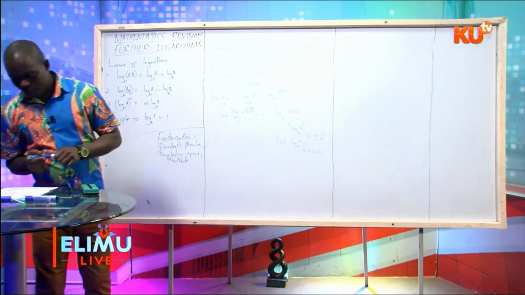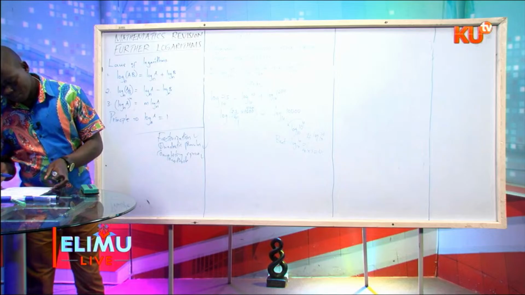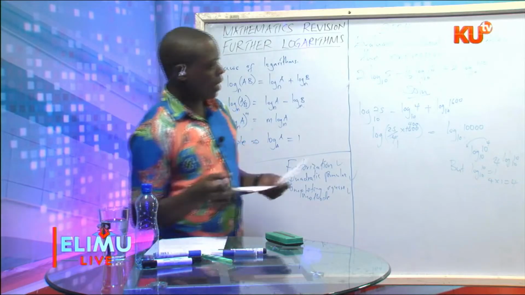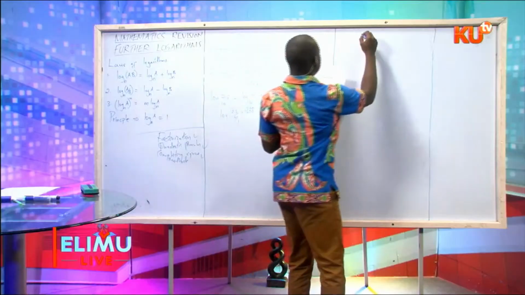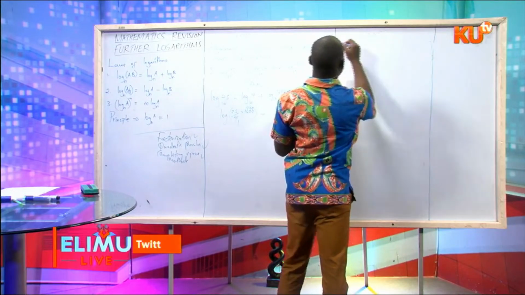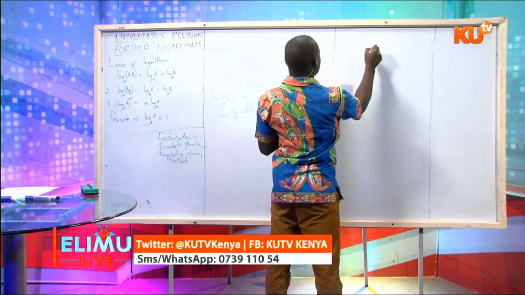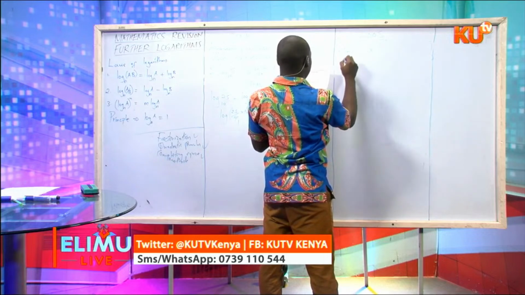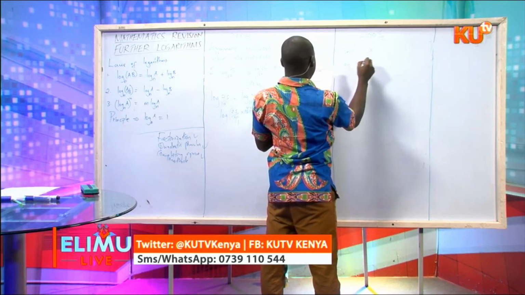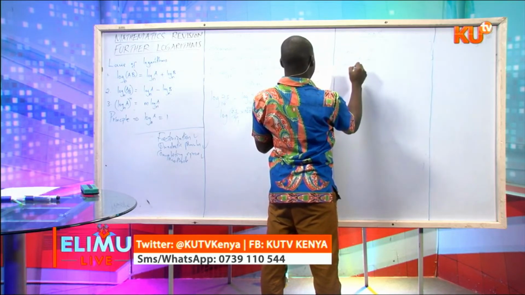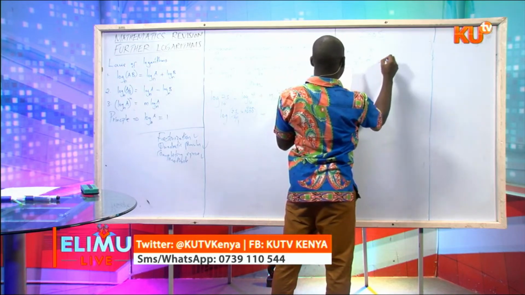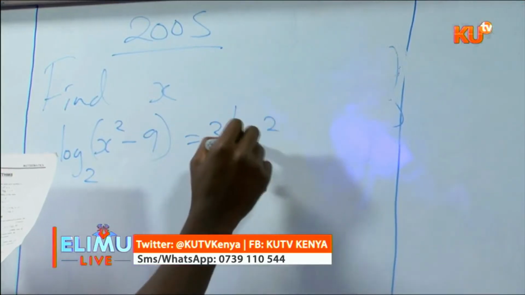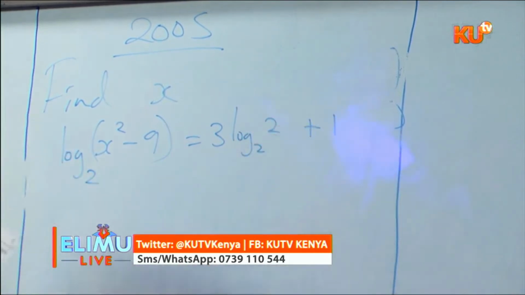We are asked to find the value of x. Find x in log of x squared minus 9 base 2 equal to 3 log 2 base 2 plus 1.